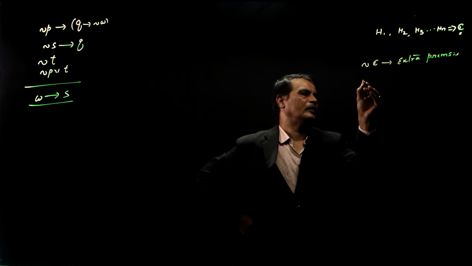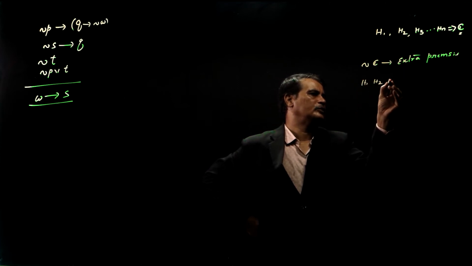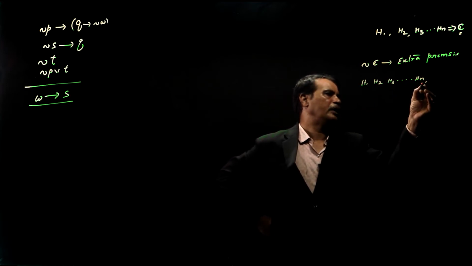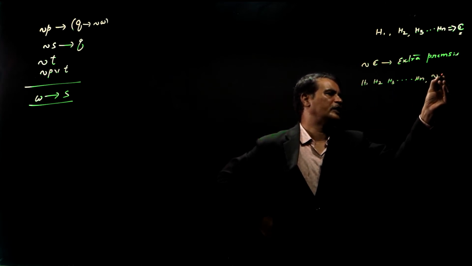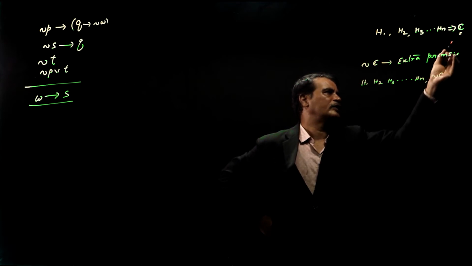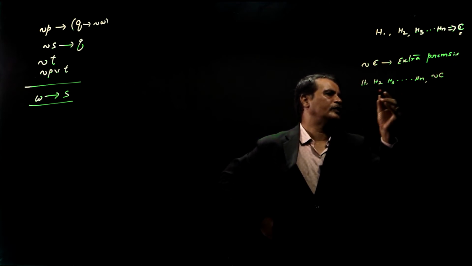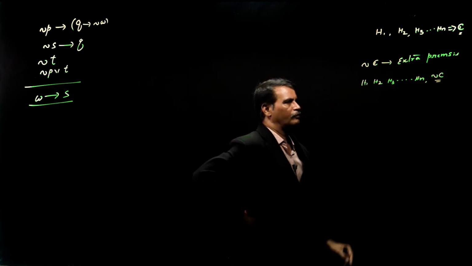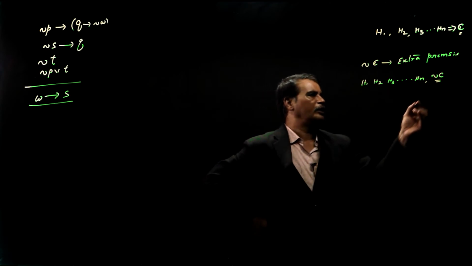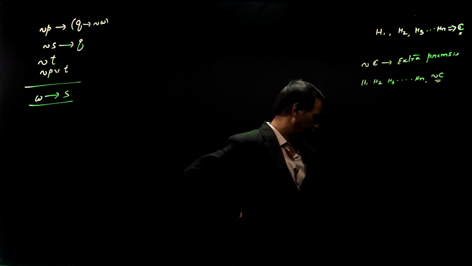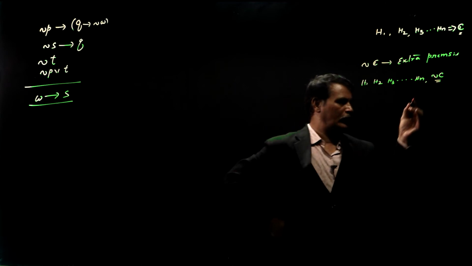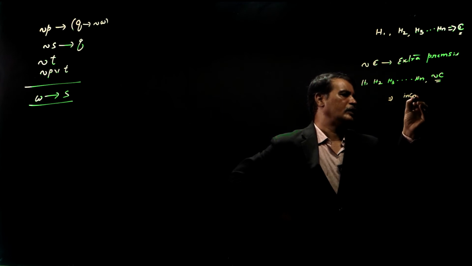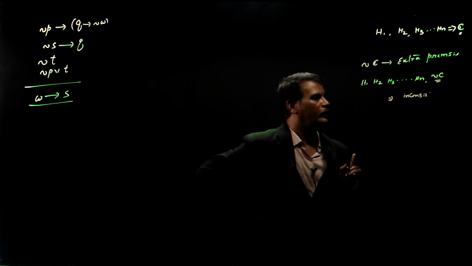That means H1, H2, H3 are all given premises in the problem, and I add an extra premise, that is negation of C. C is a conclusion, I take a negation of this, and by taking this as an extra premise, you have to follow logically and prove that it is inconsistent. Inconsistent means the argument is valid.